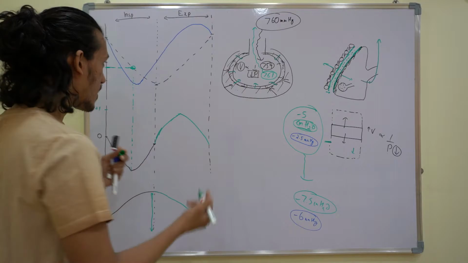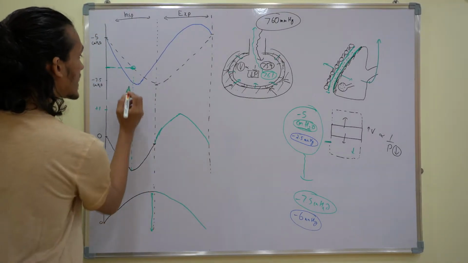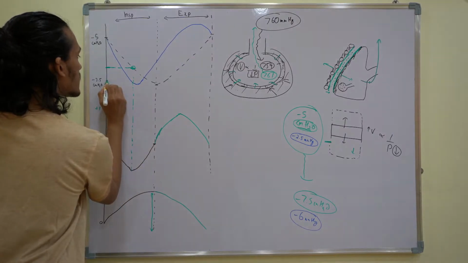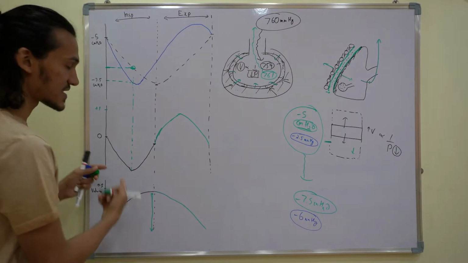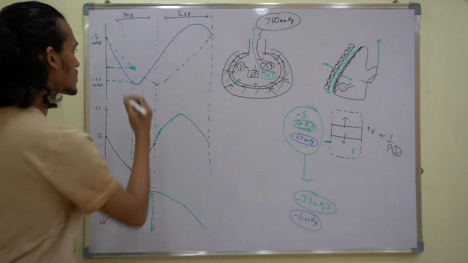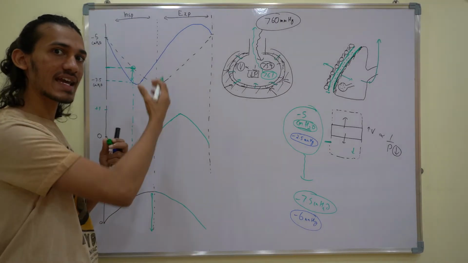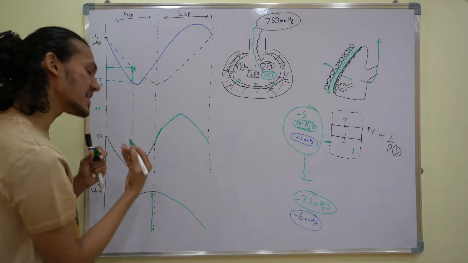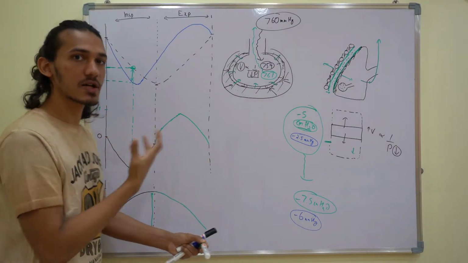Now, let's look at the actual diagram. This is the theoretical value. In the actual diagram, this much amount of pressure was actually needed to make that change at that point. So do you see that there is a greater amount of negative pressure needed to make the same amount of change? That is because of the resistance.